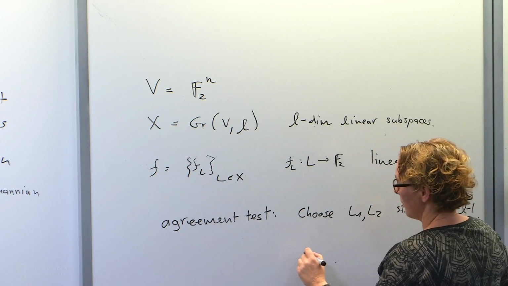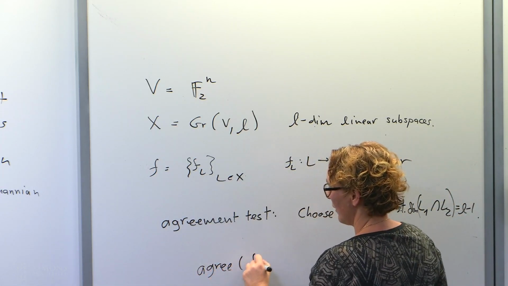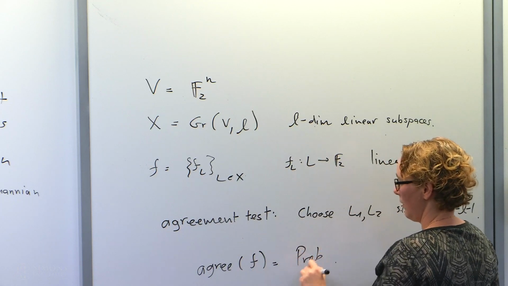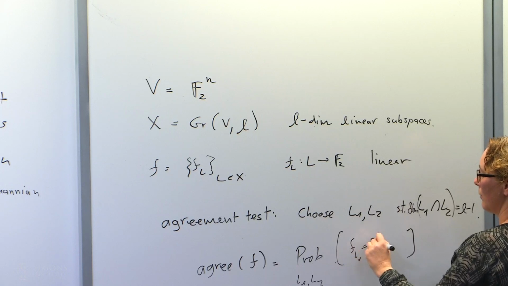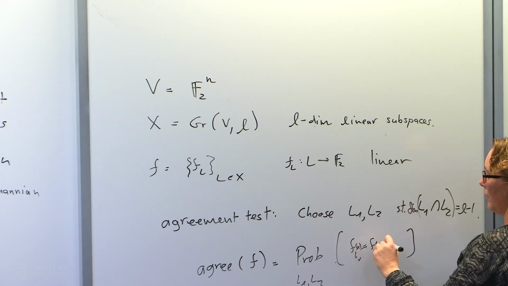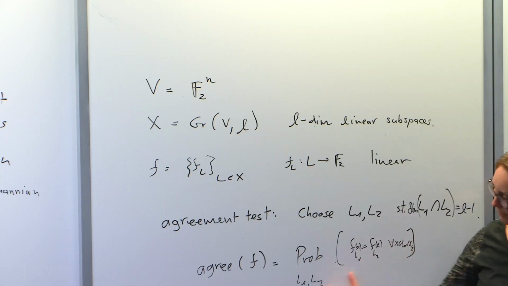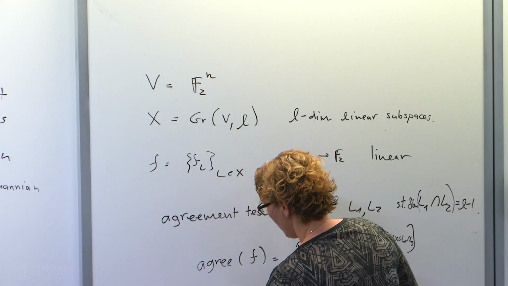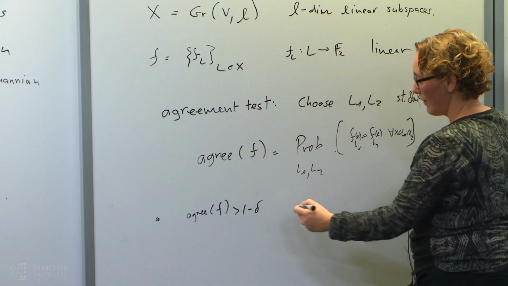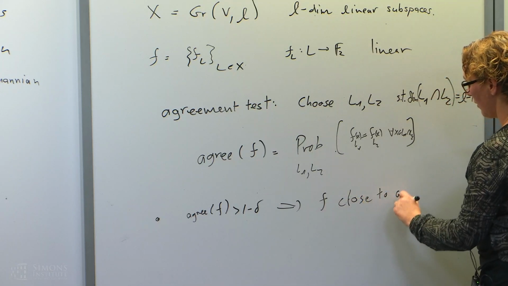And you check agreement. The agreement of F is the probability, over L1 and L2 from this distribution, that F of L1 equals F of L2 on every X in the intersection. This is how we define the agreement. Now we know how to prove that if the agreement is bigger than 1 minus delta, for small enough delta, then F is close to global.